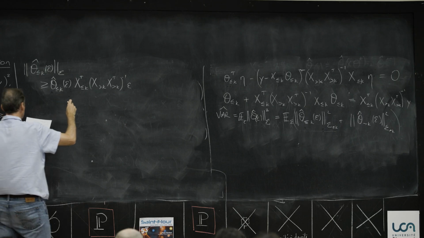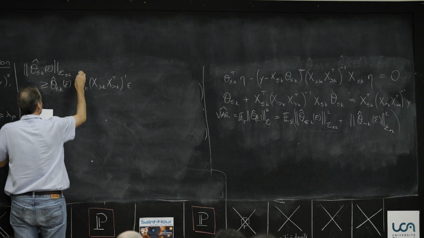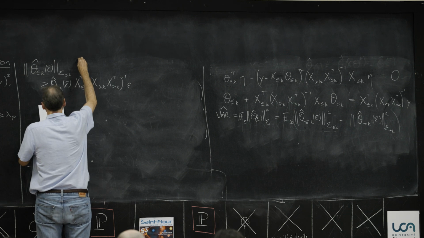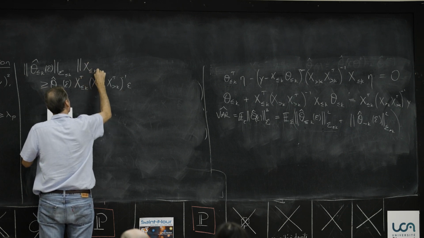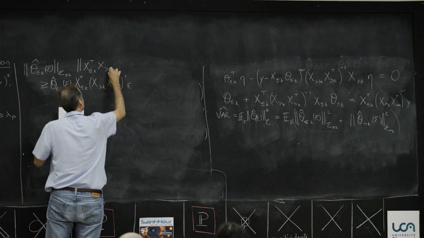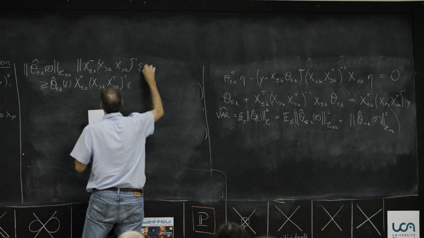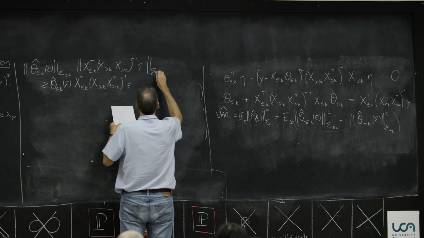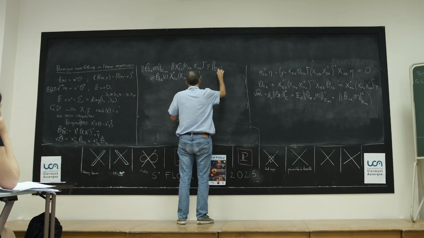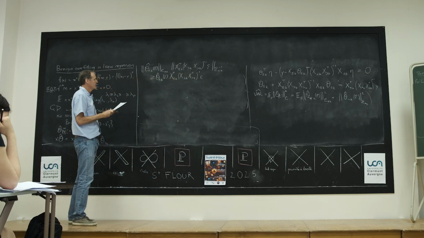I'm going to write a sigma norm, sigma less than or equal to k, times the other piece, which is this vector epsilon with a sigma inverse norm, through Cauchy-Schwarz.